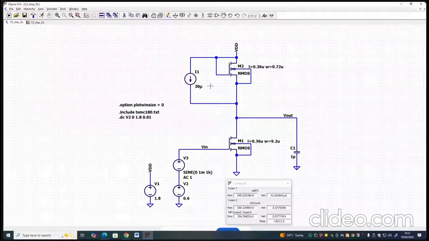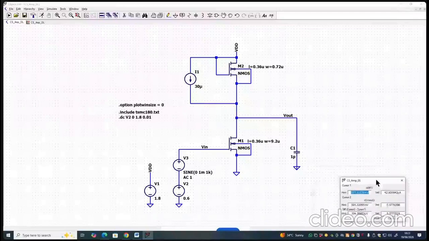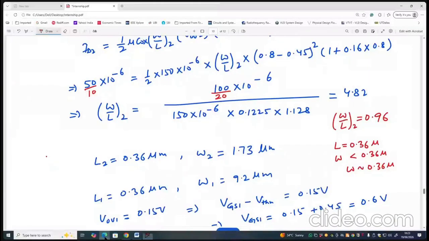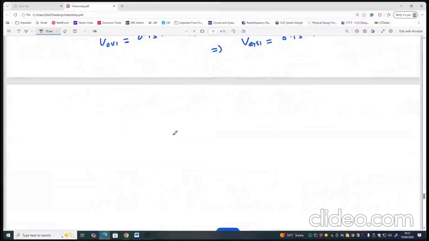So the circuit of course becomes a little complex, but this is the concept: how you can increase the gain of a common source amplifier with diode connected load by making the current through the PMOS load lesser and diverting the current through this. If you want to see the theoretical concept, let me show you.